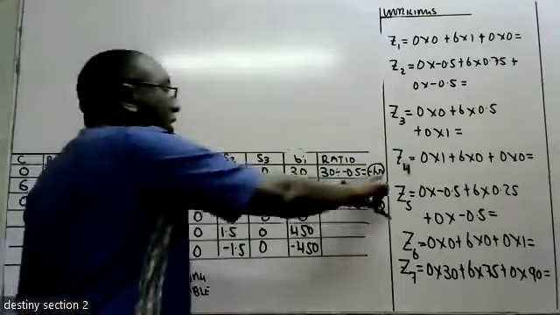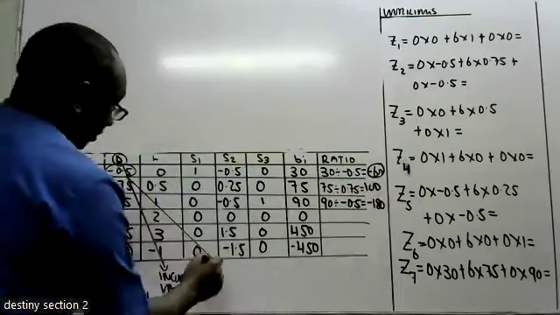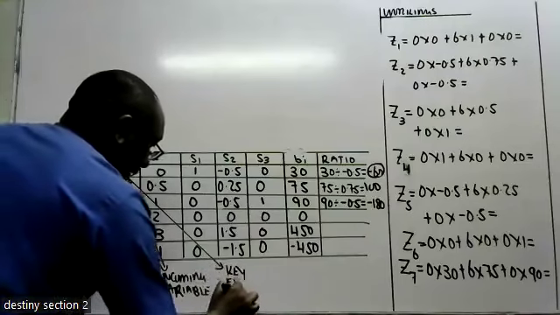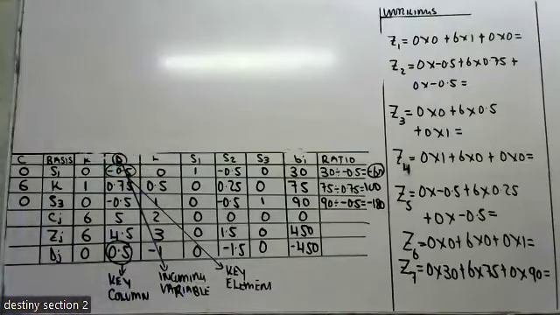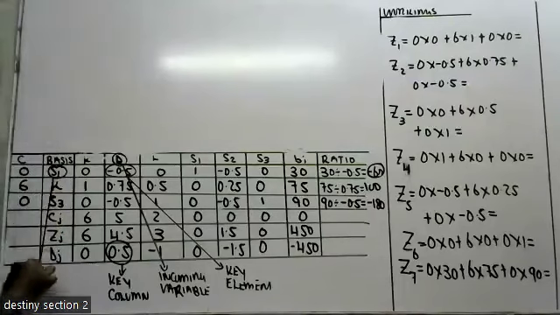Because this one now will be called the key row. Sorry, not the balancing figure, the key element. That becomes the key element. And this value here at the title comes to be known as the outgoing variable.